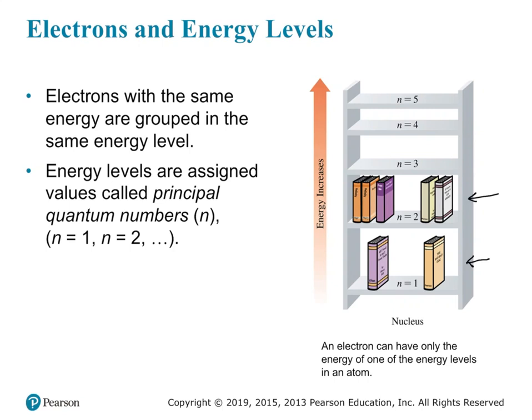And the further away from the nucleus an electron is, the more energy it has. So energy level 5 has the most energy, energy level 1 has the least energy.